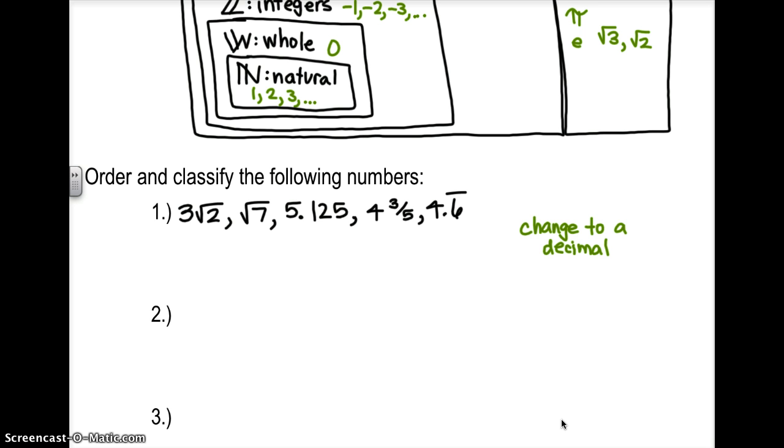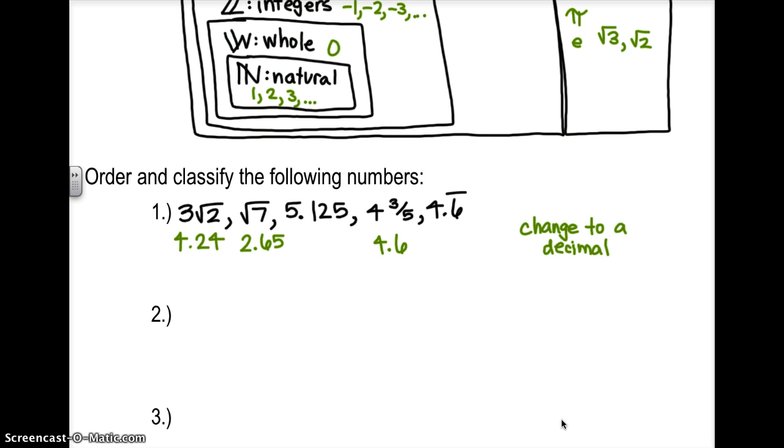For example, 3 times the square root of 2 as a decimal is 4.24. I'm approximating, but it'll work for us. Square root of 7 as a decimal is 2.65. 4 3/5 as a decimal is 4.6, different than 4.6 repeating.